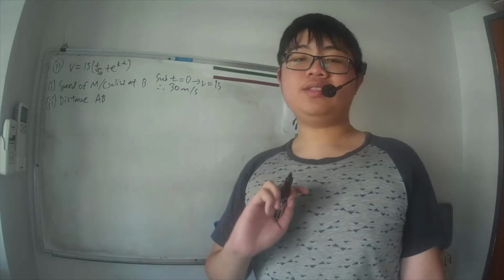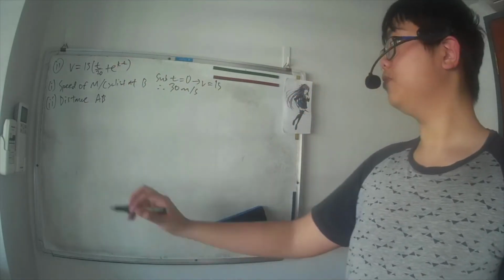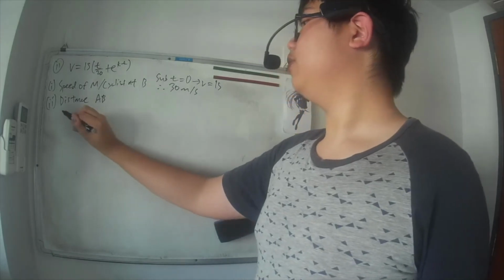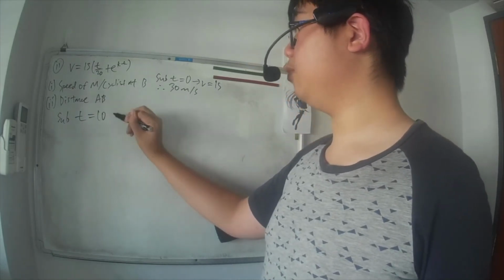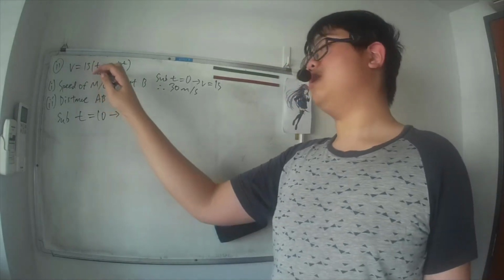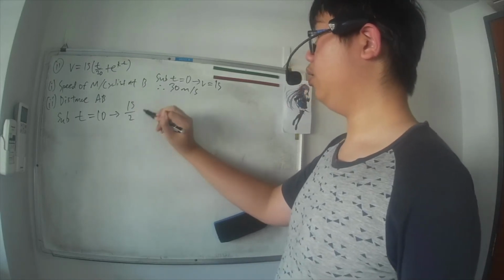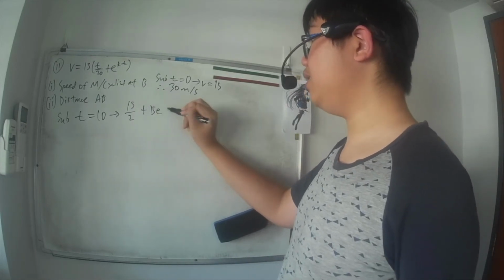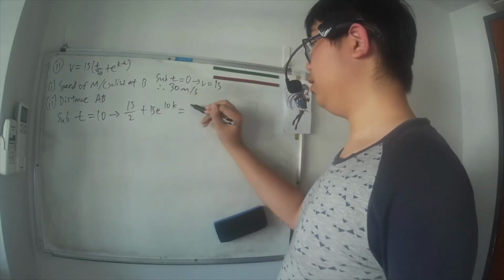Now, distance AB. We must find the value of k first. So let's sub t equals 10. We will then get 15 times 10 over 20, which is 15 over 2, plus 15e^(kt), which is 10k in this case, equal to 30.